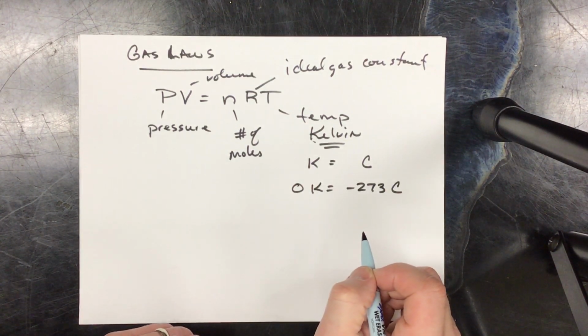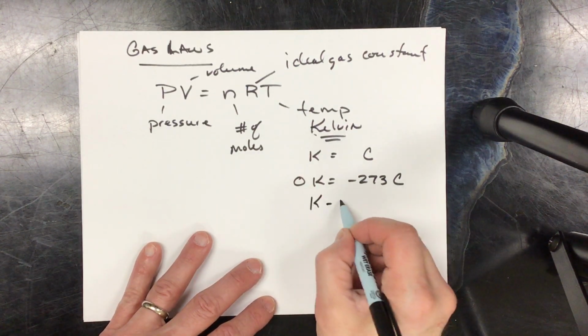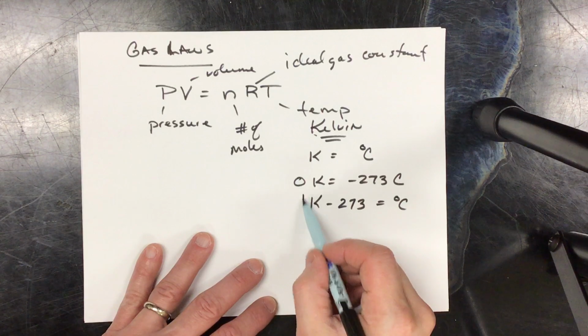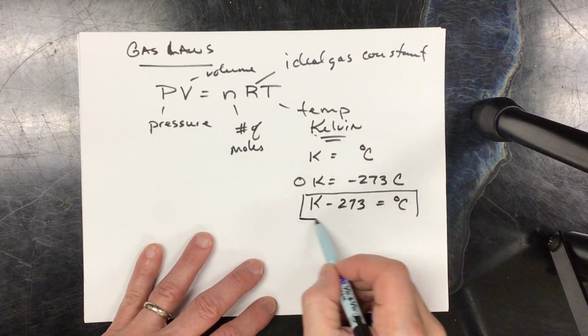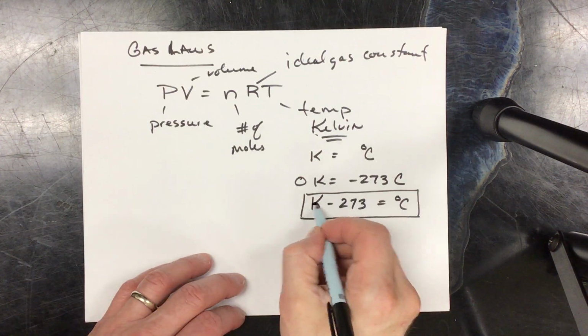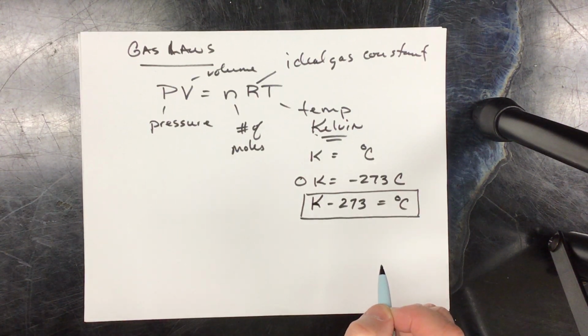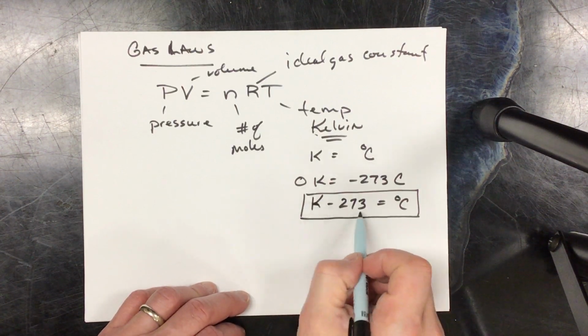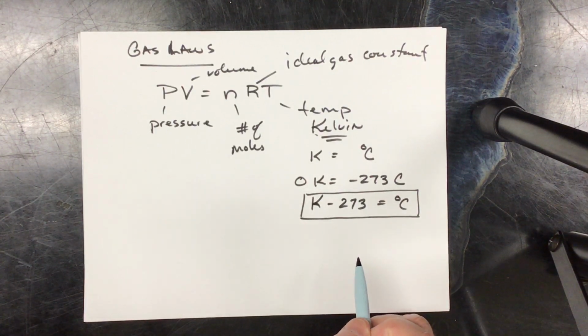So if you take Kelvin minus 273, you're going to have your Celsius temperature. Degree sign, because you can have positives and negatives with Celsius. No degree sign for Kelvin, because it's what we call an absolute temperature scale. So if we put in 0 for Kelvin, 0 minus 273, negative 273, and so that checks out.